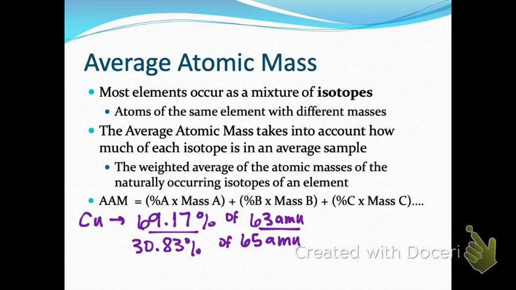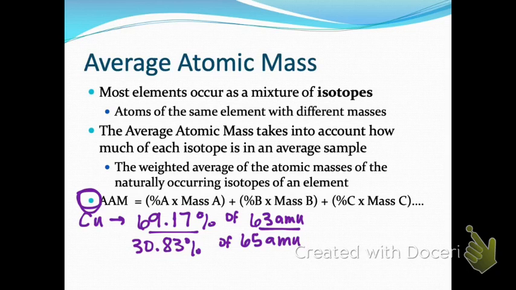If we took out 100 copper atoms, roughly 69 of them would have an atomic mass of 63. If we took out 100, roughly 30 or 31 of them would have an atomic mass of 65. So we want to find what's the weighted average of this sample. And so we're going to use this equation right here.